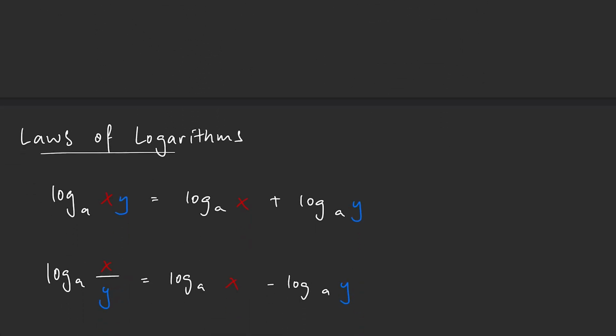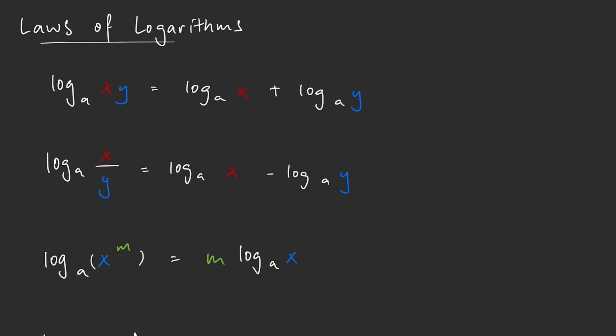All right, so now we move on to our laws of logarithms. So here are just how you manipulate logs and how you can make things easier, or how you can simplify some expressions. First of all, if you have a product of two things, say x and y, inside your bracket, you can expand this into a sum where you have log base a of x plus the same log with the same base of y.